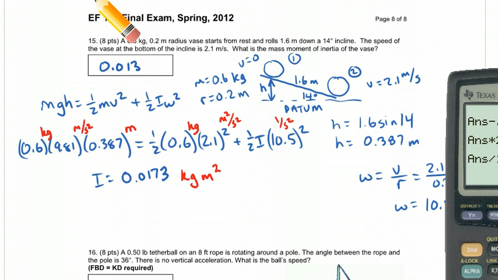So 0.0173 kilogram meters squared. Alright, enough of that.